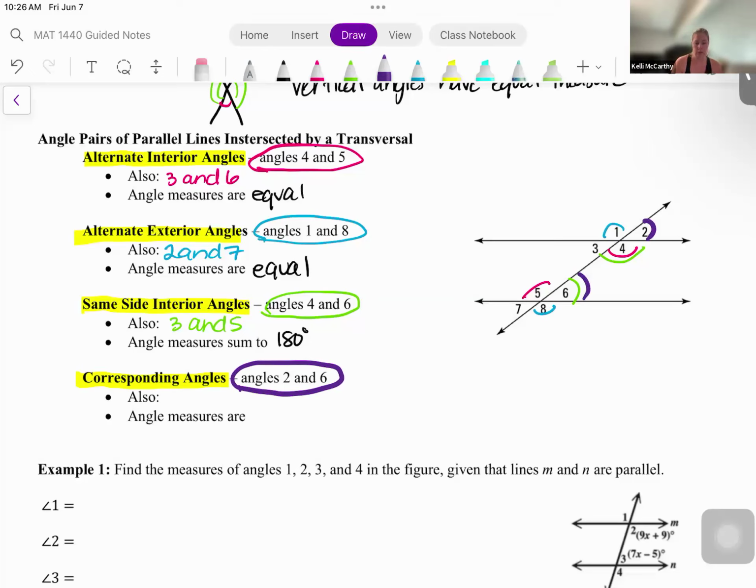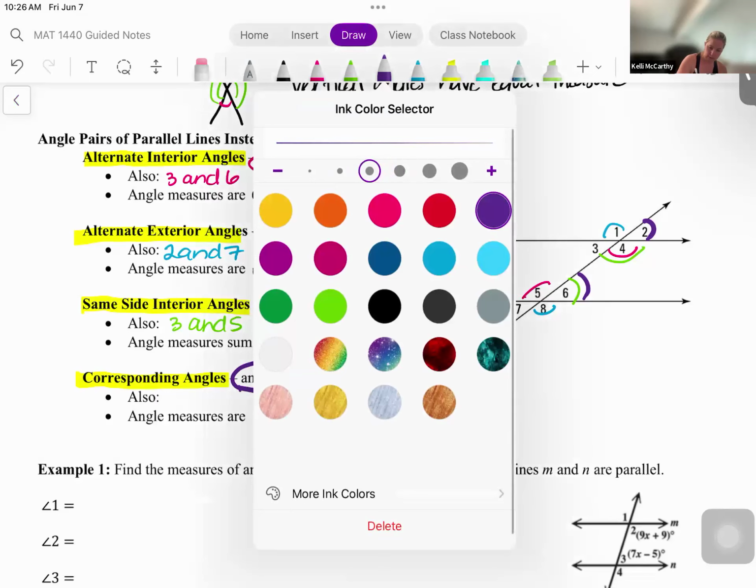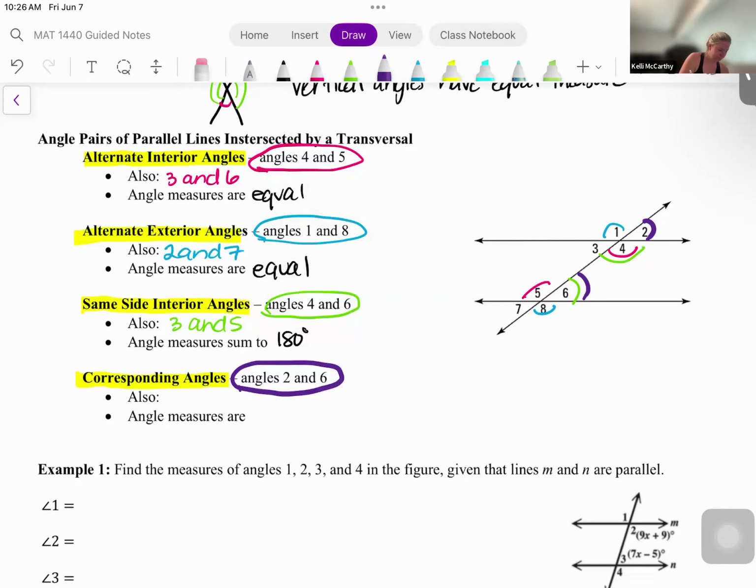Now it's also true that 1 corresponds to 5, 3 corresponds to 7, and 4 corresponds to 8. So there are 4 sets of corresponding angles within this figure. Corresponding angles also have equal measure.